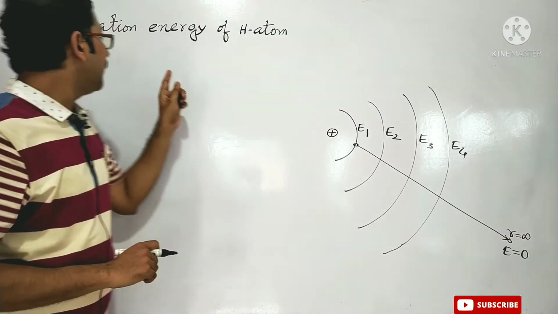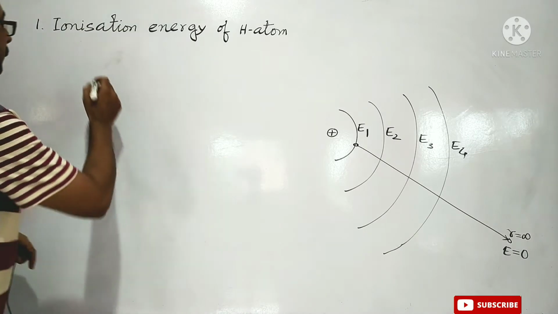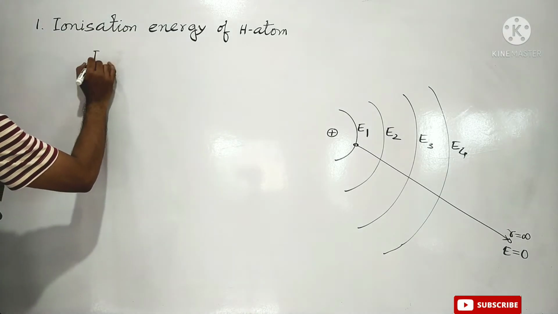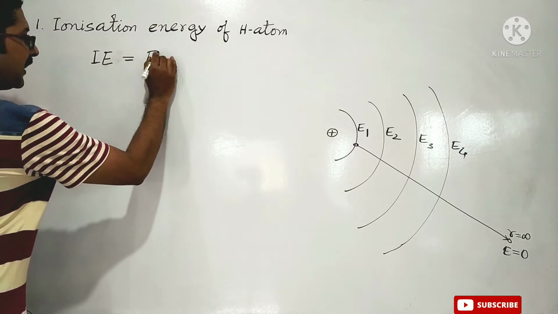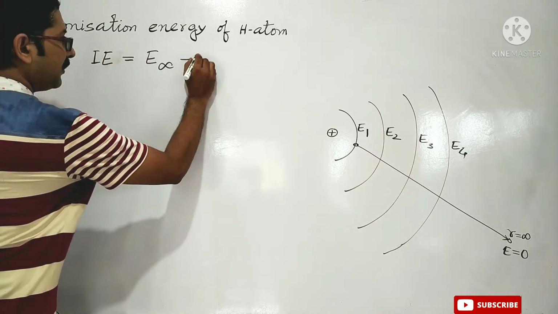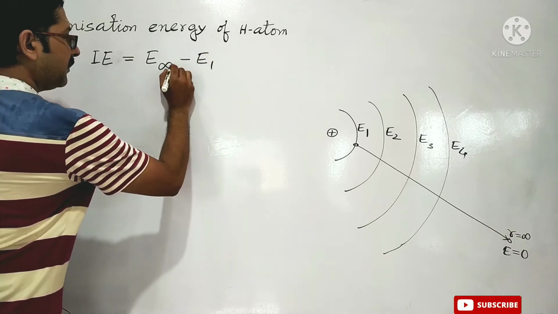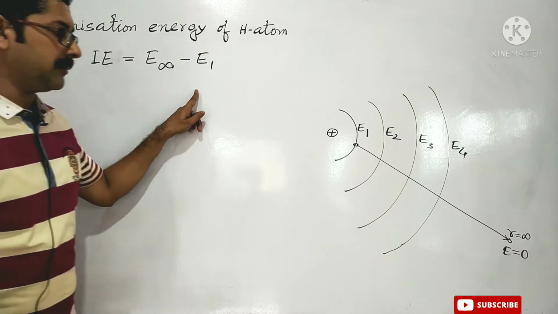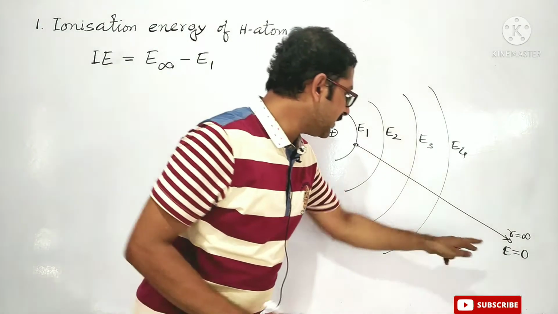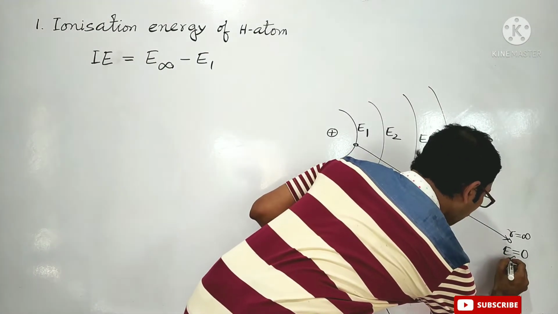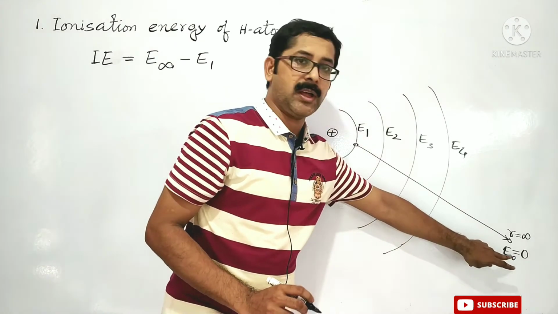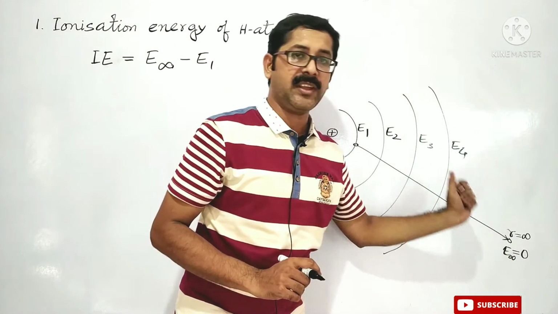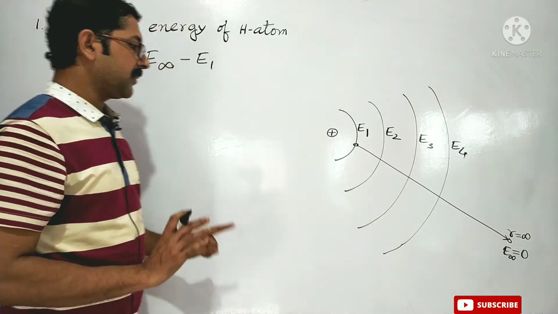So we can write the ionization energy of hydrogen atom, that is IE, equal to the energy of infinity minus the energy of the first orbit, that is E infinity minus E1. E infinity is the energy of the electron when it is present at infinite distance from the nucleus, right?